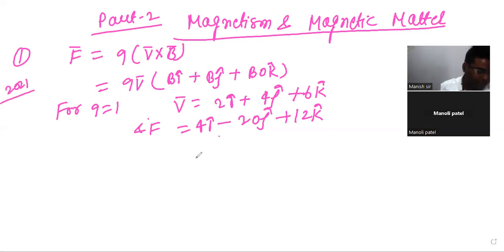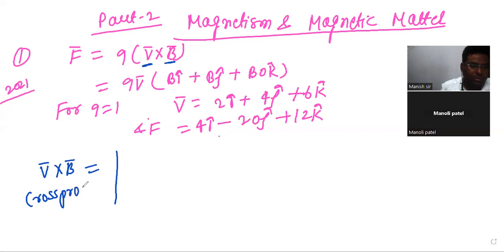So let's see the explanation for the complete expression for the magnetic field. As we know, velocity and magnetic field are related by a cross product. So how will you find the resultant of that? That will be given by this formula, the cross product. So it is given as I, J, K, and put the values of the V components, that is 2, 4, 6.